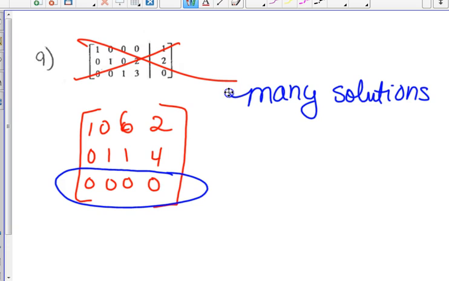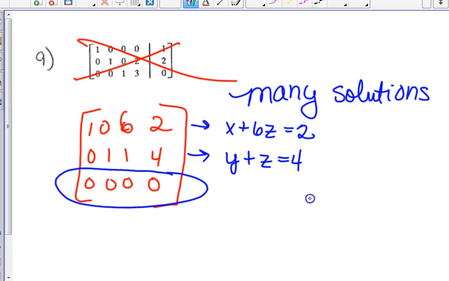We're going to rewrite this. What does this equation really say? And this equation really means... So we are able to write them all in terms of z.